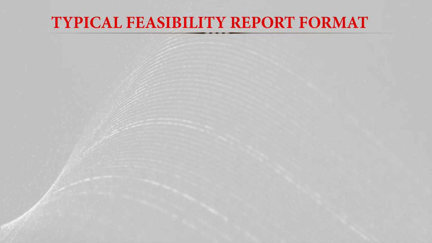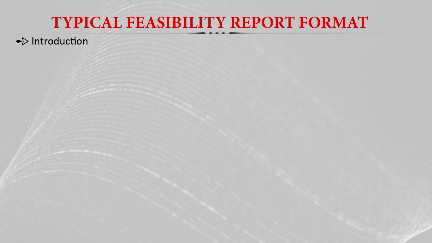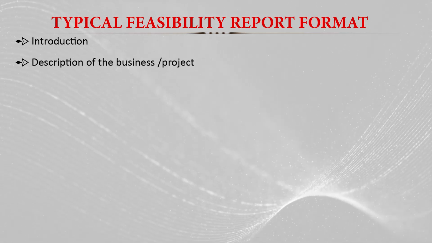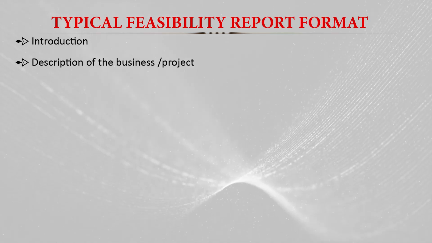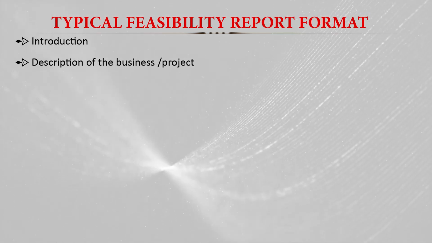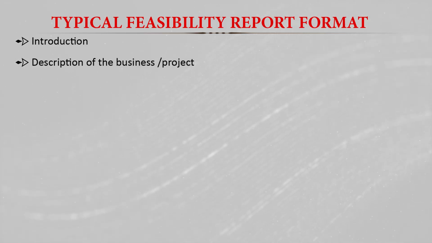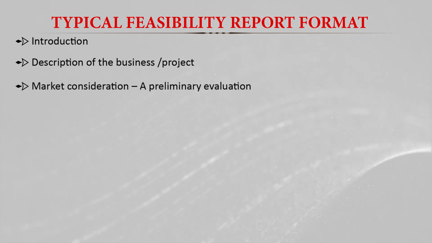These are the different typical formats we can say, which include the introduction about the project and the business plan. Then we also include the description of the business and projects, the prospects of that business, and a basic introduction of that business and projects. Then we also include the market considerations.